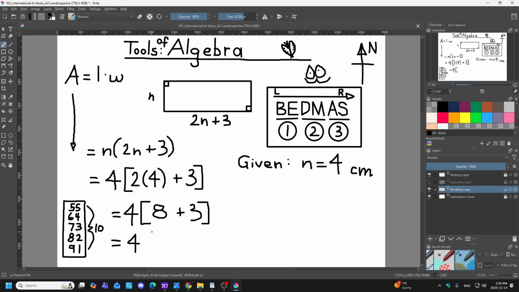I can swap them out for a standard parenthesis. 8 plus 3, 8, 9, 10, 11. We are left with 11 multiplied by 4. Pretty straightforward, right?